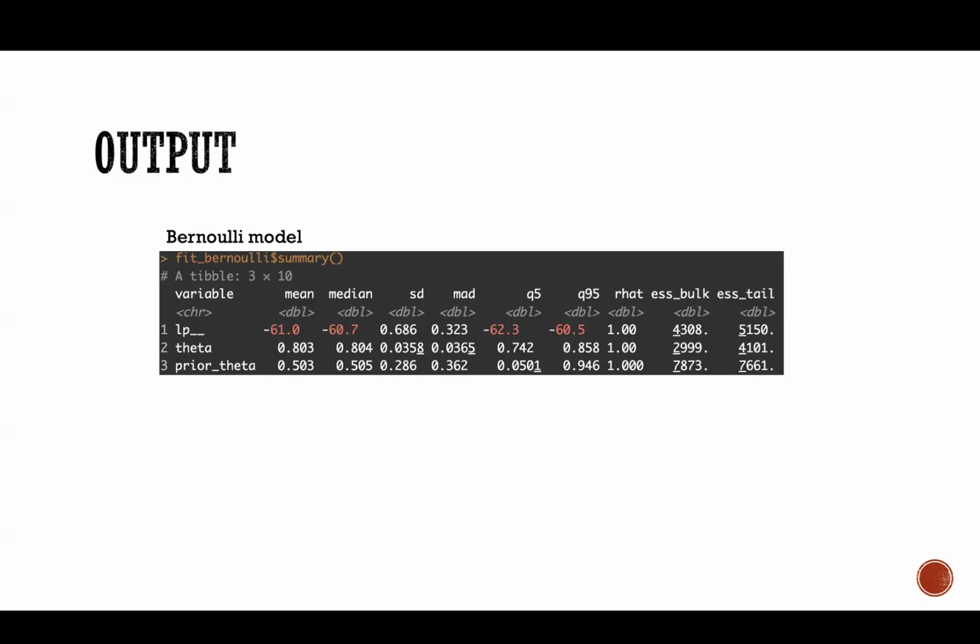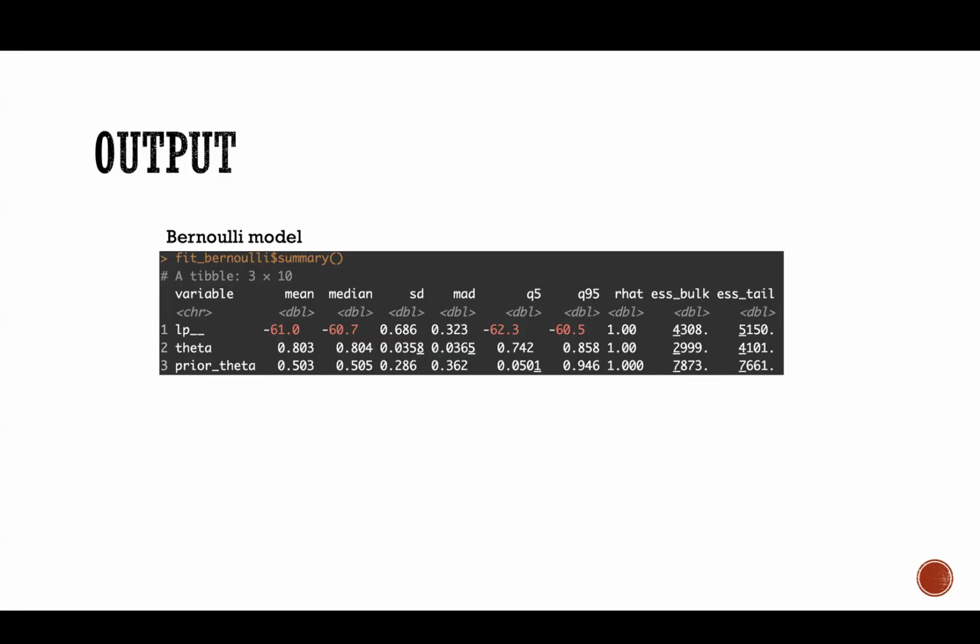Then we have the theta parameter, which tells us that it goes as a mean of 0.8, standard deviation of 0.03, and it roughly goes from 0.742 to 0.858. So it seems pretty spot on, given that we had given data from a biased agent that had a theta of 0.8.